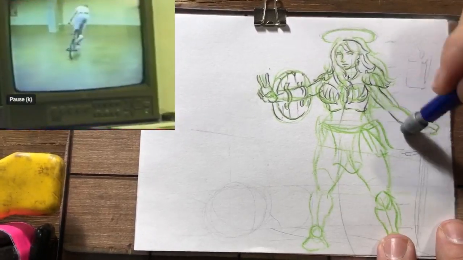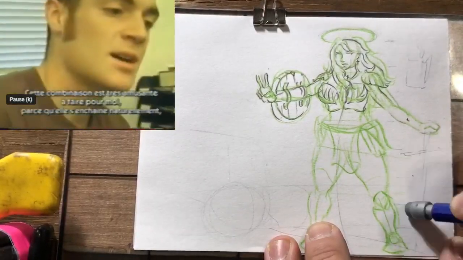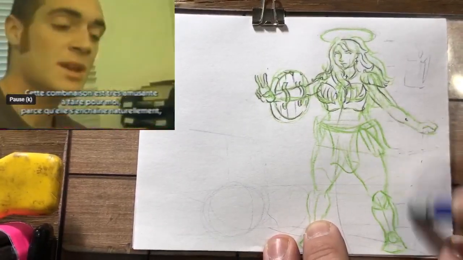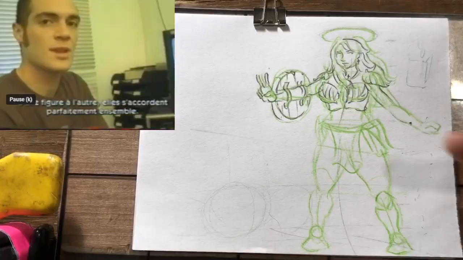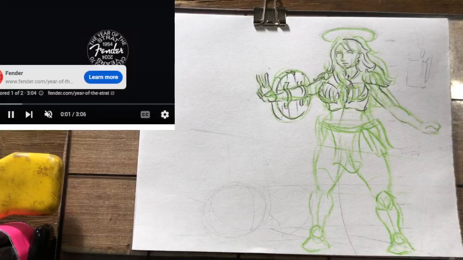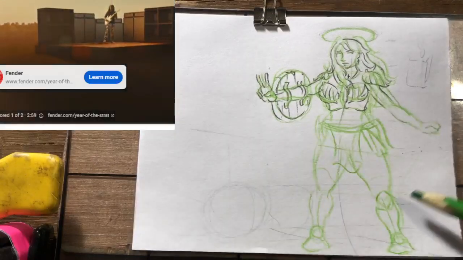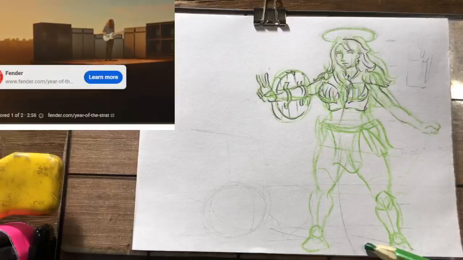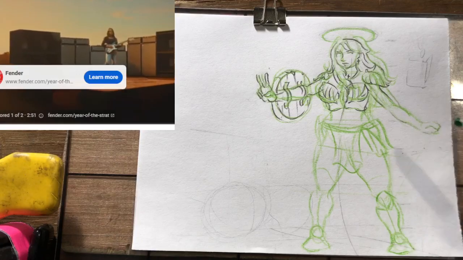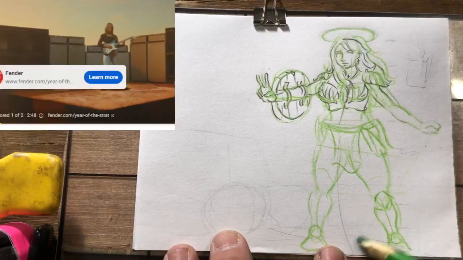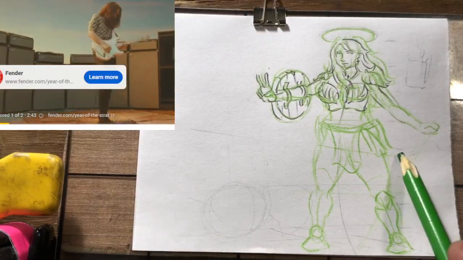Oh, fudge. Forgot I did that with that pencil. Do we have the sword like that?